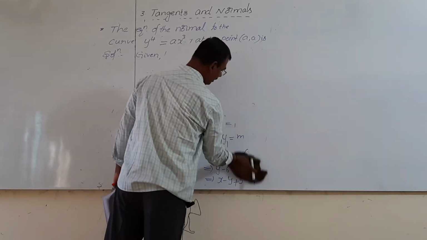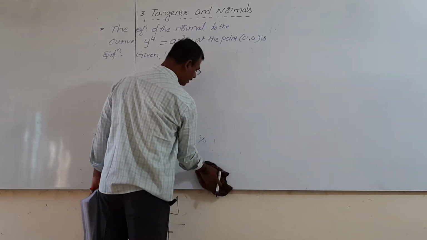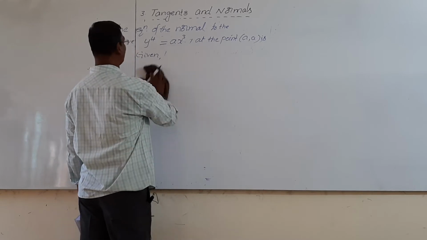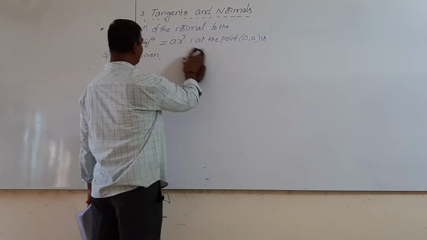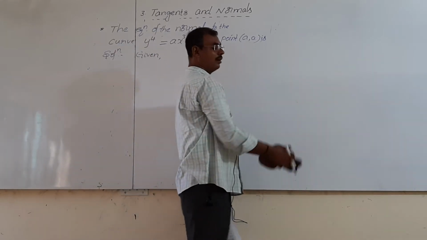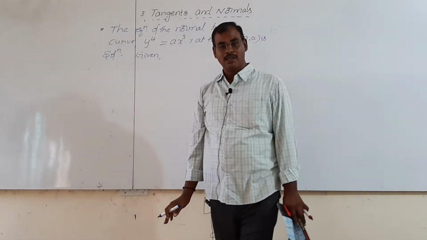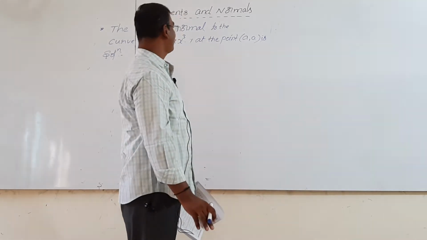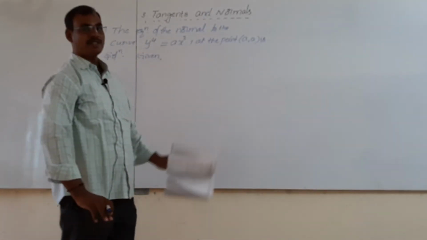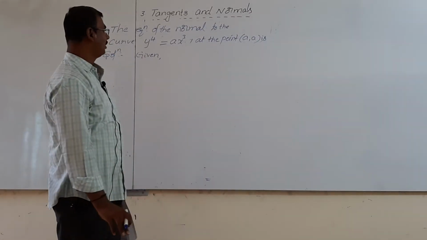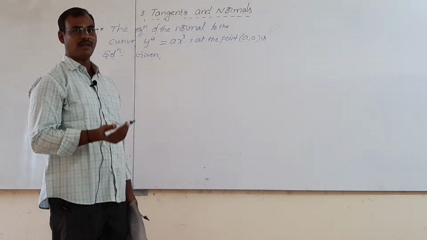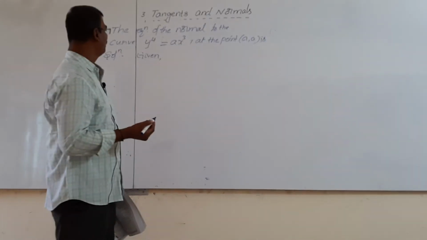So how to find the equation of the normal? What is required to find the equation of the normal? We need slope and point. Which condition is given here? Point is given. Which is not given? Slope is not given. So we have to find the slope, same as the above model, only a little changed.